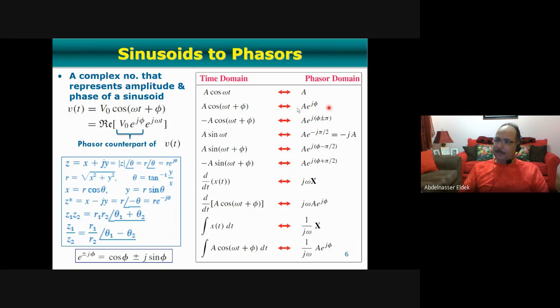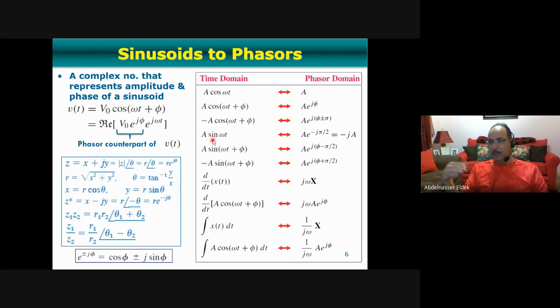If you have a negative like this, it means that if you need to cancel this negative, you add 180 degrees or pi. Then in this case, it will be amplitude A, and the angle is phi plus or minus pi. Sine, you need to add a negative 90 degrees, or negative pi over 2, to convert it to cosine.